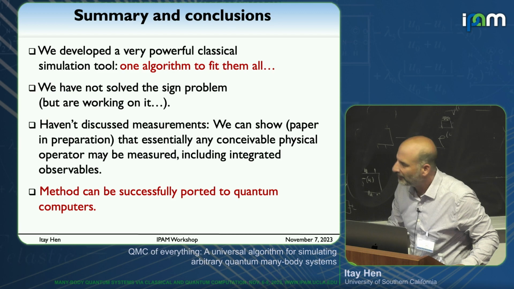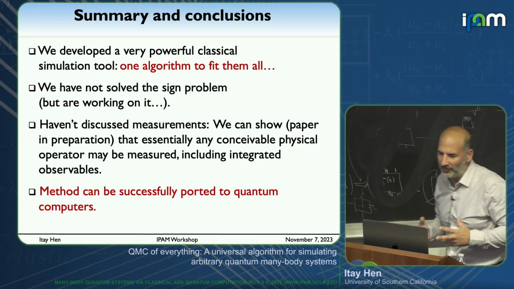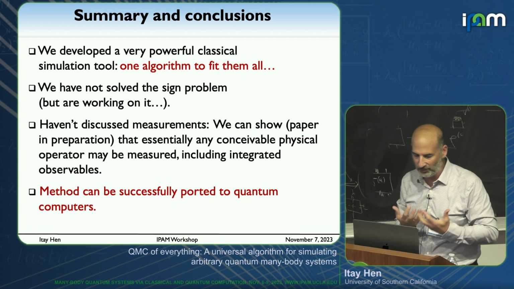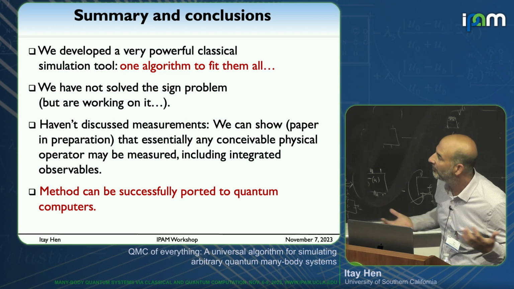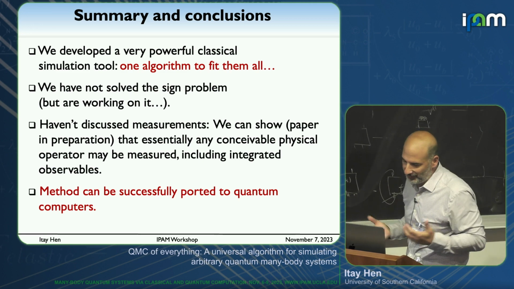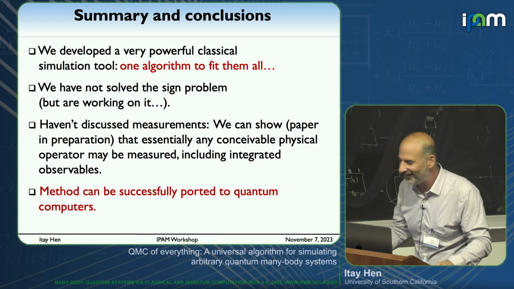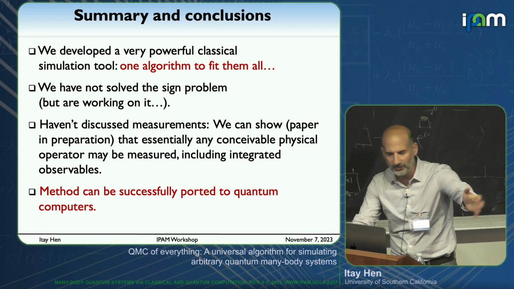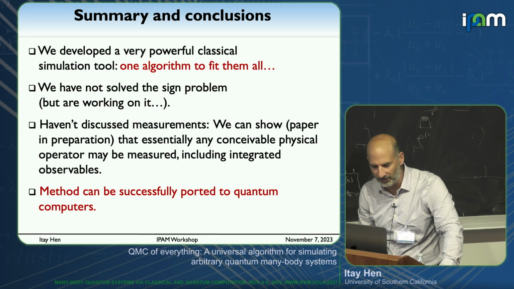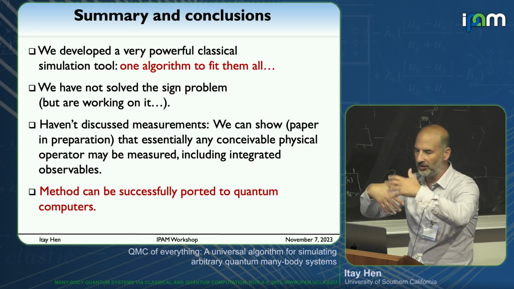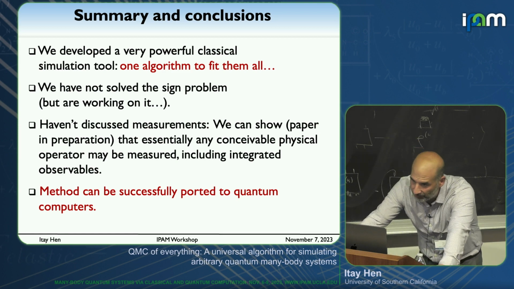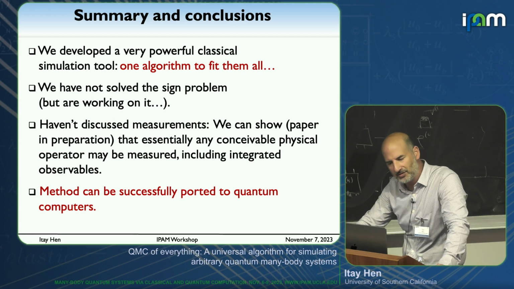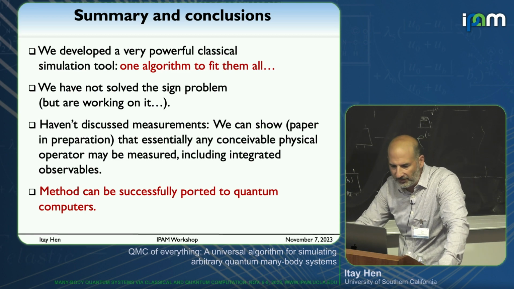But I'll just summarize that we developed a very powerful classical simulation tool that is kind of one algorithm that can address basically all, I don't want to say all because there are exceptions, but any mixture of fermions, bosons, spin half, spin 2, spin 5, whatever Hamiltonian that you can think of, you can give it to us, and we can generate a provably ergodic method to simulate it. Again, we haven't solved the sign problem, but actually there are interesting directions there.